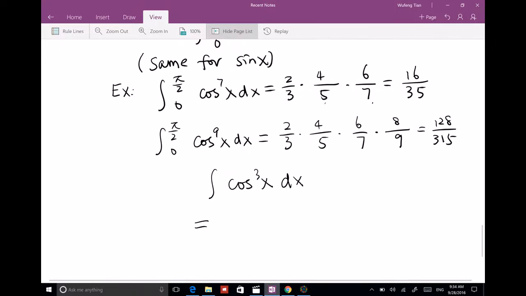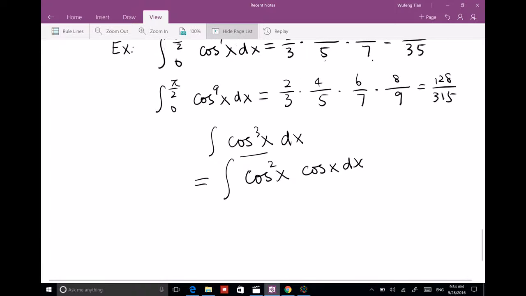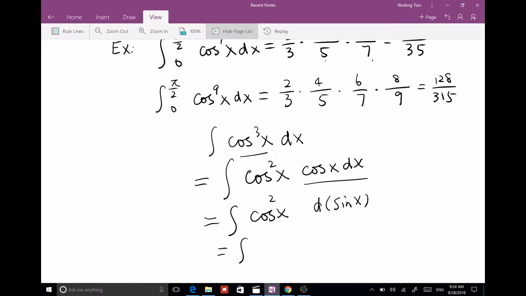Let me think. I think this one I would do: take one cosine x aside because it's an odd power, and you have cosine x squared times cosine x dx. Then the cosine x dx will give you d of sine x, and that's not a big problem because I can change the cosine x squared into 1 minus sine x squared, d of sine x. Make sense?